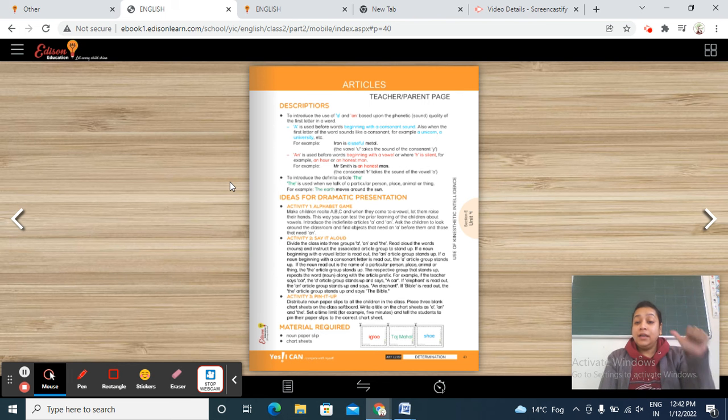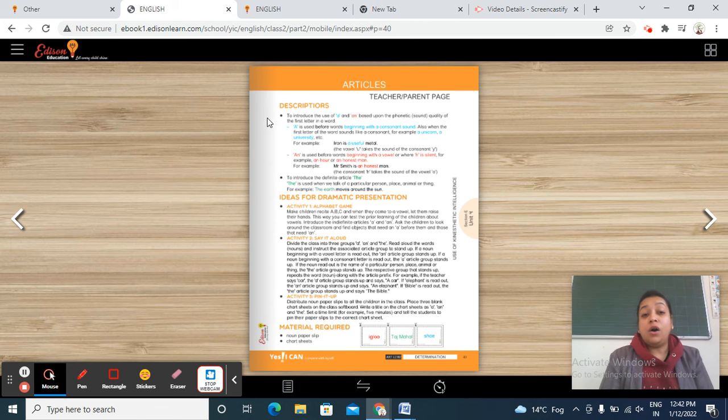For example, a apple, an elephant, an ink pot, an orange, an umbrella. When we are talking about phonics, about phonetics, we are talking about a, e, i, o, u.